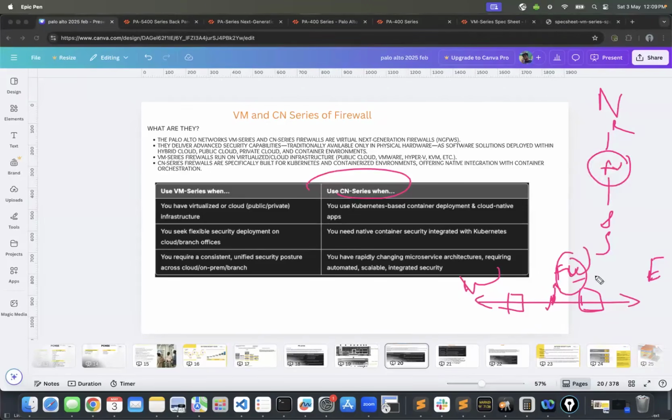That firewall is not a huge, full-functionality firewall, but Palo Alto provides those services as well between containers, Kubernetes. That kind of firewall we call the CN series firewall, for cloud native apps. It means a firewall is required everywhere, whether physical, virtual, or cloud. So when you are looking at a cloud, go for VM series firewall or CN series firewall.